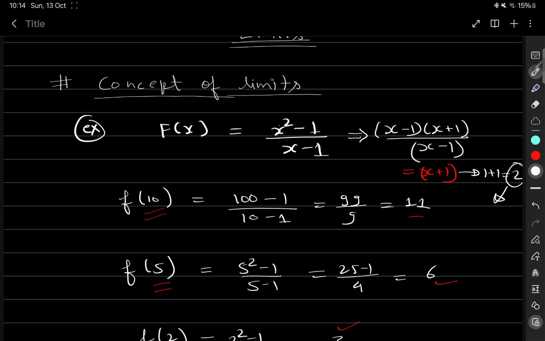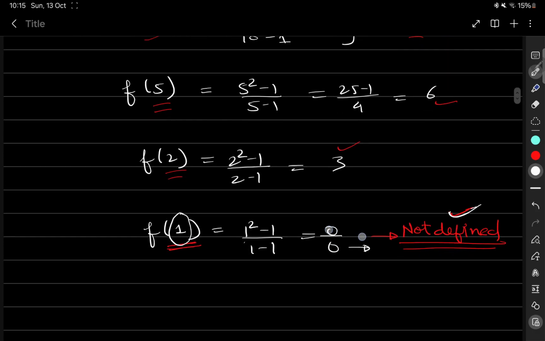So this 2 is the answer for the limit. This is the answer of the limit. What happened there? When we have a problem with any specific input, like we have a problem with 1, at 1 we are getting not defined.